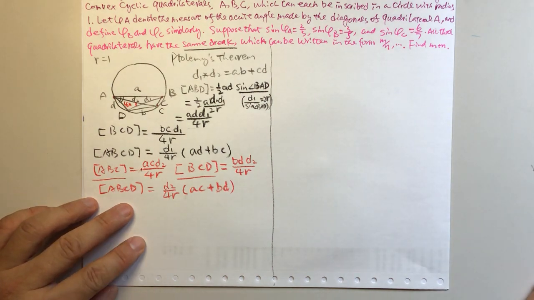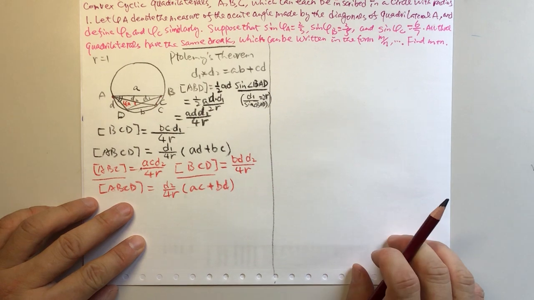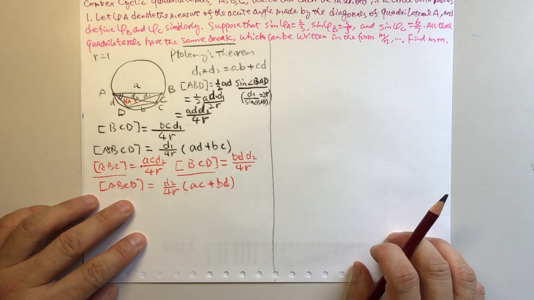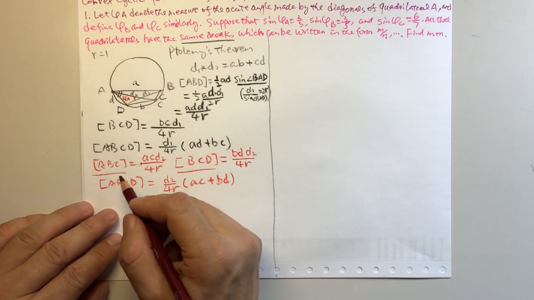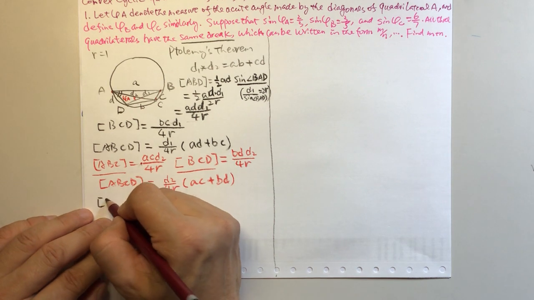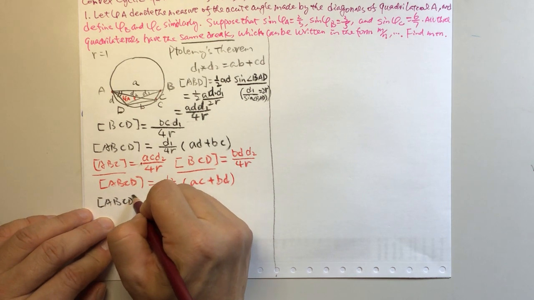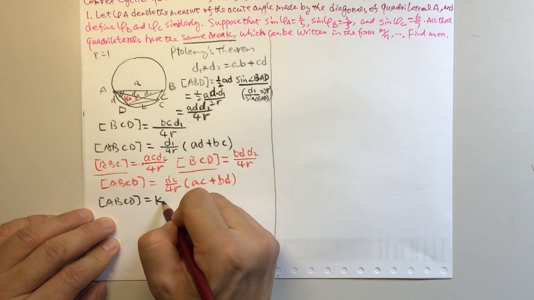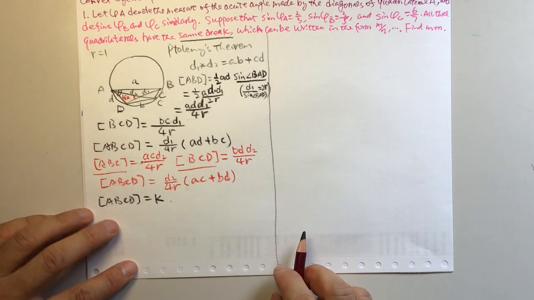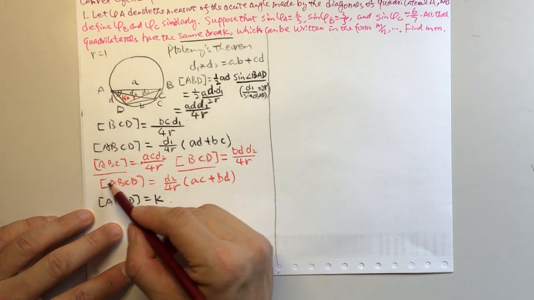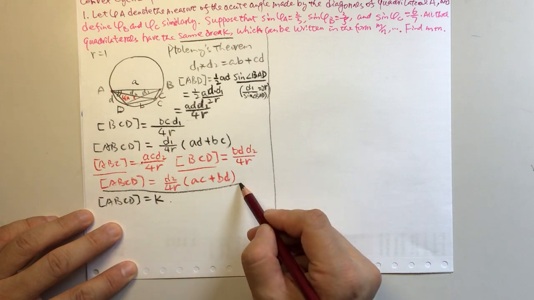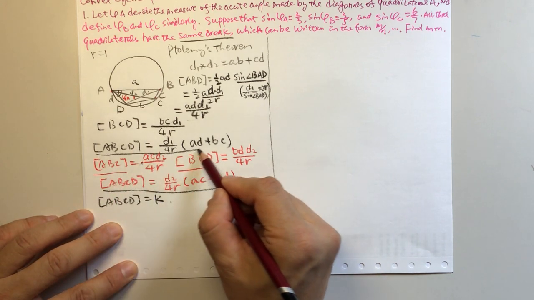And we can go ahead with this one. Let us say the area for ABCD equals K, then we multiply this form and this equation.